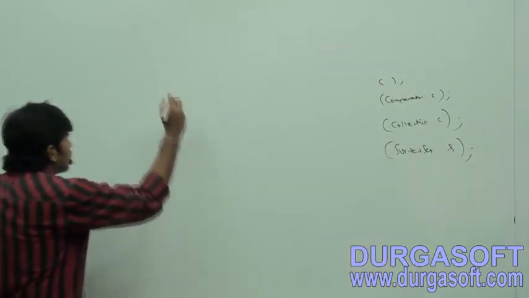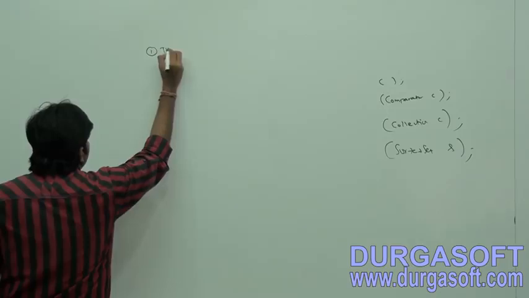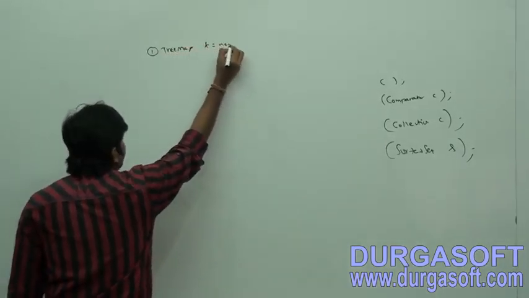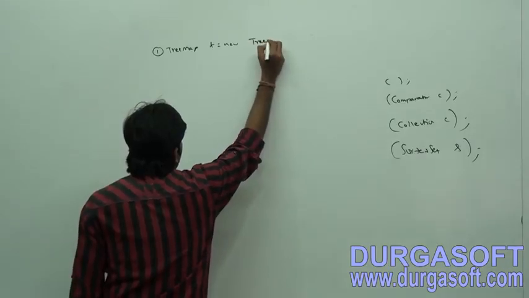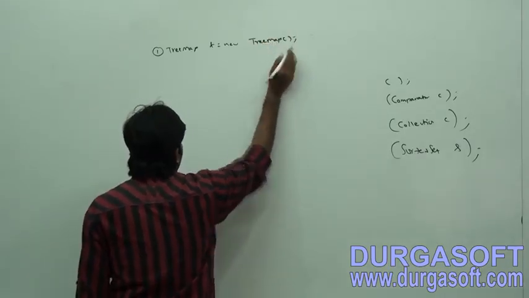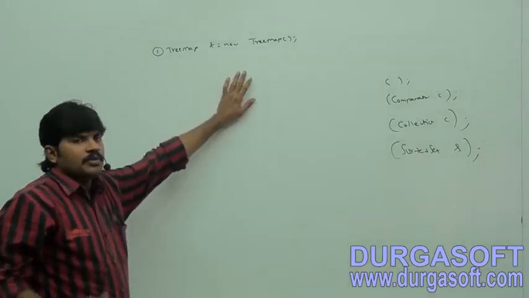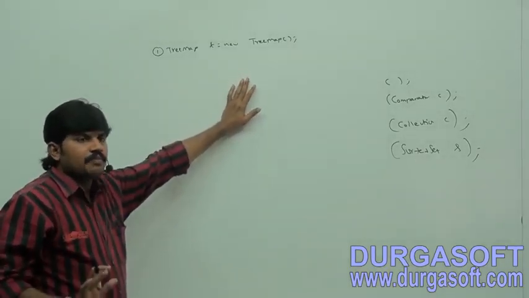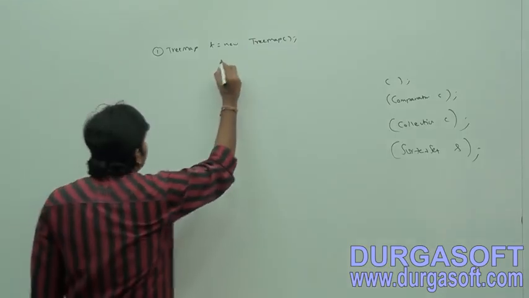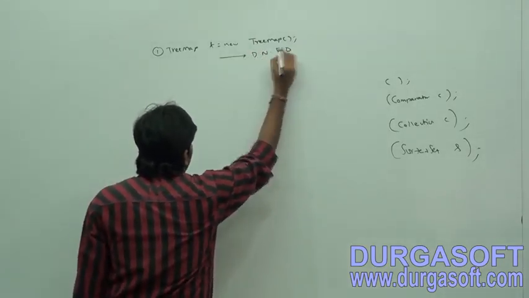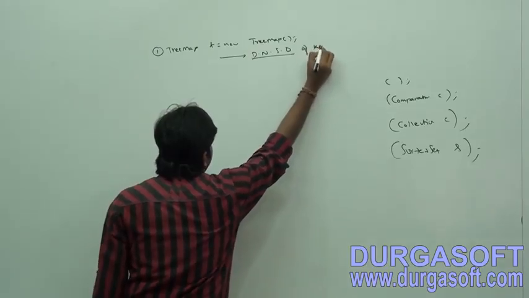The first constructor: TreeMap t = new TreeMap(). It creates an empty TreeMap where the elements will be inserted according to the default natural sorting order of keys.